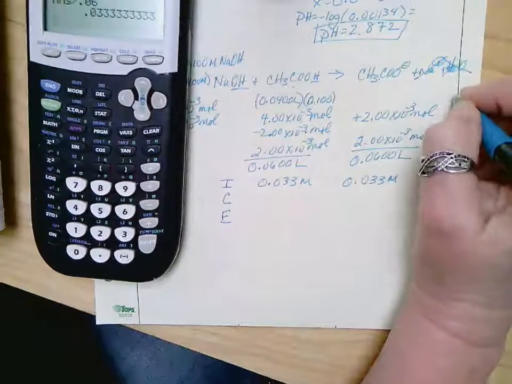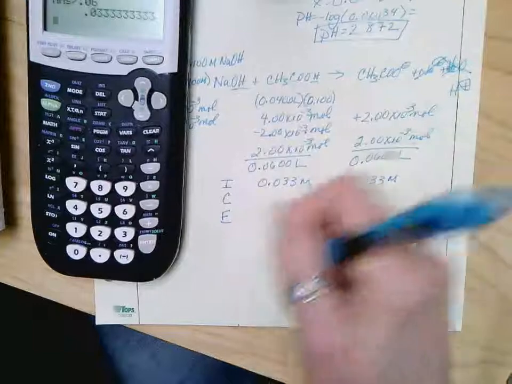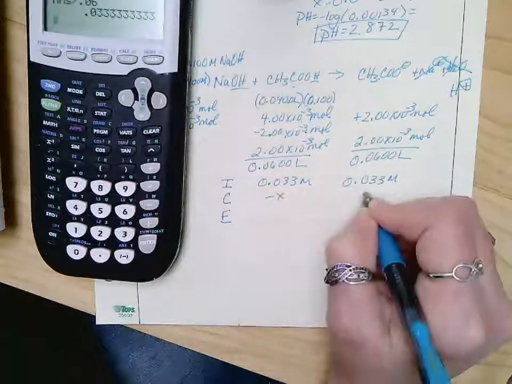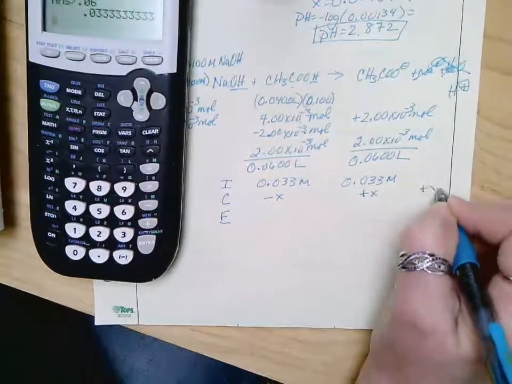And so now I'm doing my ice table again. And I'm going to get hydrogen ions out here this time because I'm going to lose X here. I'll gain X here and I'll gain X here.